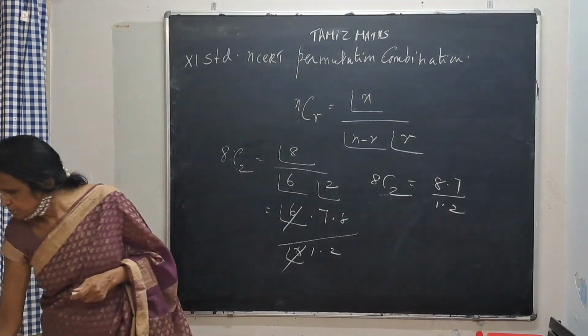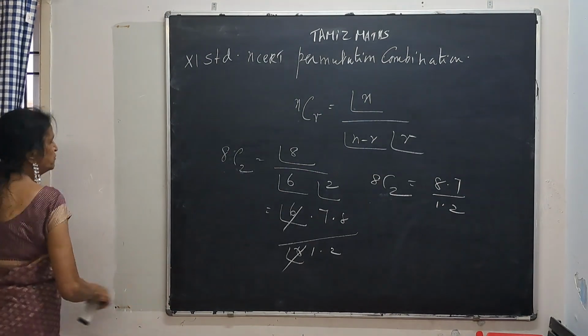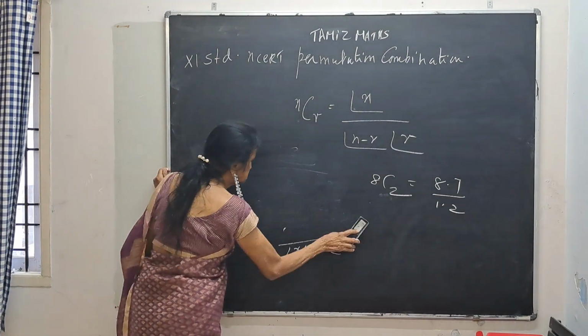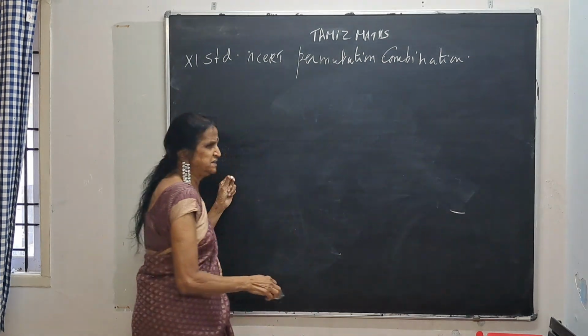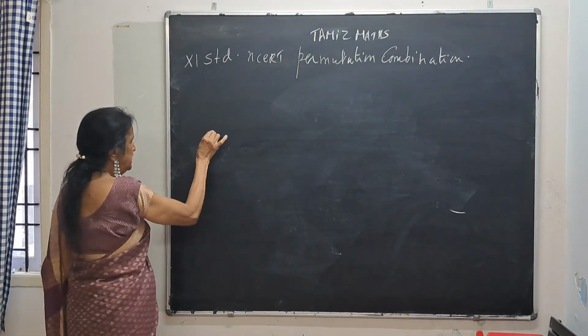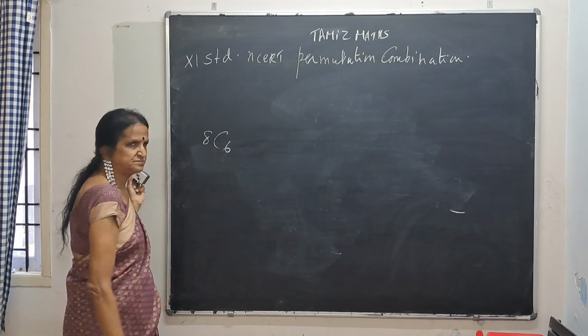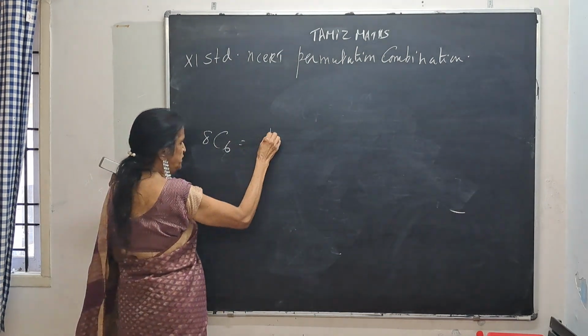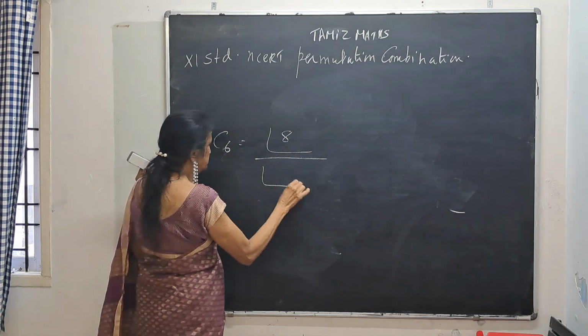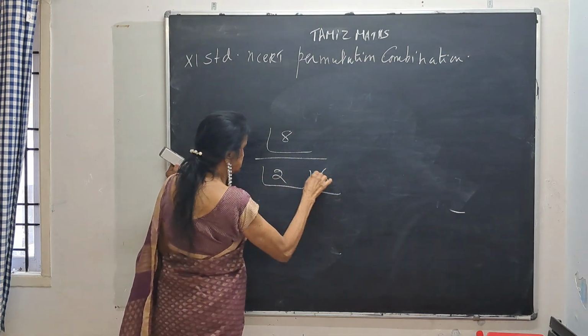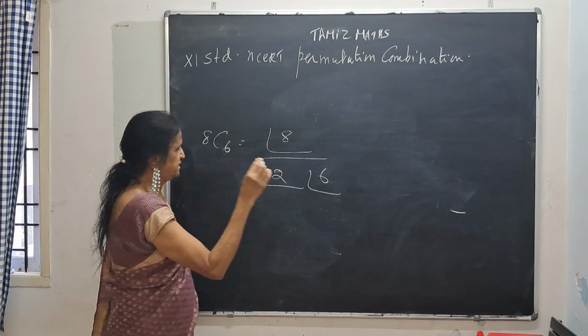Now what will be the value of 8C6? This is factorial 8 by factorial 8 minus 6, factorial 6. What is 8C2?